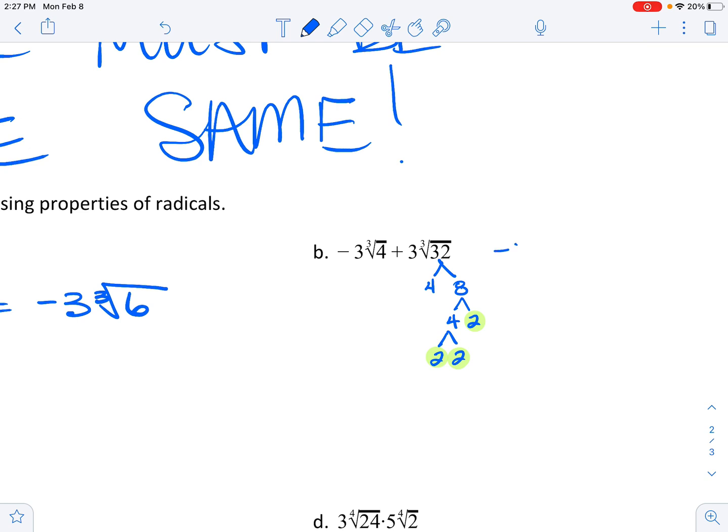This becomes -3 cube root of 4 plus 3 times 2 cube root of 4, because the 4 is still inside. 3 times 2 is 6, so we have a -3 cube root of 4 plus 6 cube root of 4.